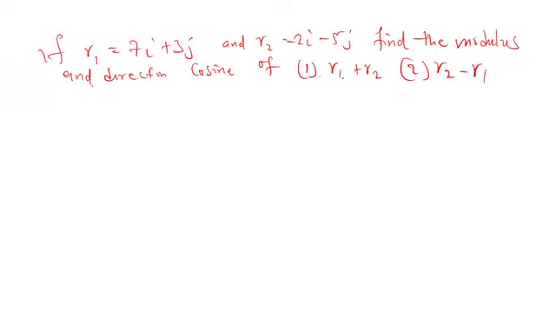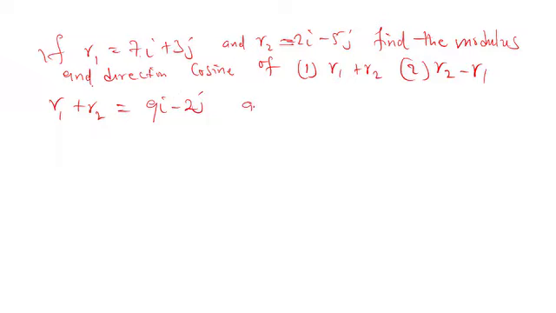Before we start, let's get our r1 plus r2 and r2 minus r1. r1 plus r2 is just a simple addition of vectors. So we have 7 plus 2 is 9i, and 3 minus 5 is minus 2j. So this is the value of our r1 plus r2.